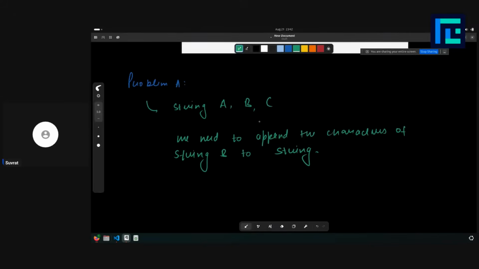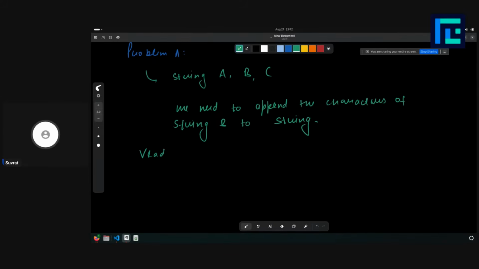So Vlad adds to the beginning and Dima adds to the end. The characters are added in the order they appear in string B, and if the corresponding character in string C is V, then Vlad is adding, and if it is D, Dima is adding.